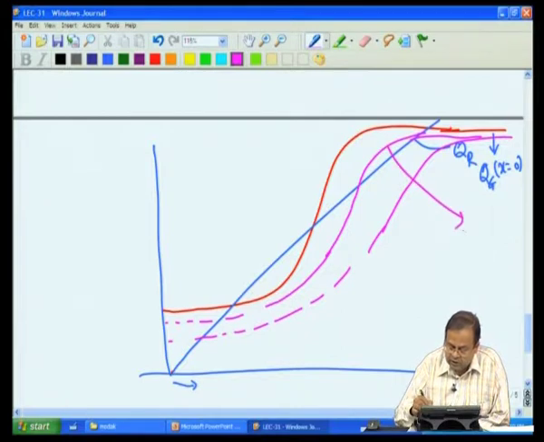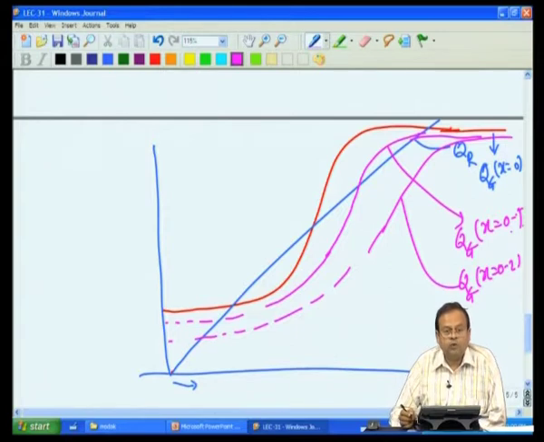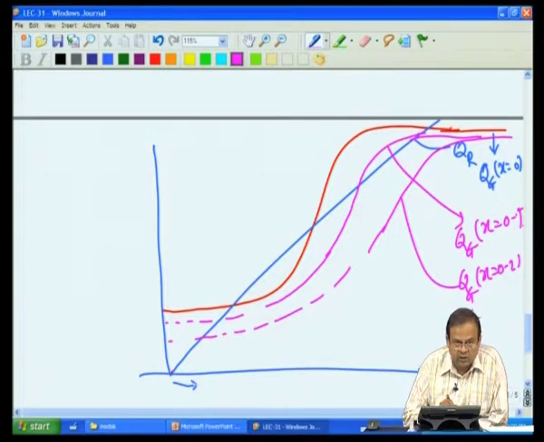So, let us say that this is QG of x equal to 0.1, this is of 0.2 and so on. Okay. So, now you have to imagine the following situation: my temperature is increasing, so is my conversion.